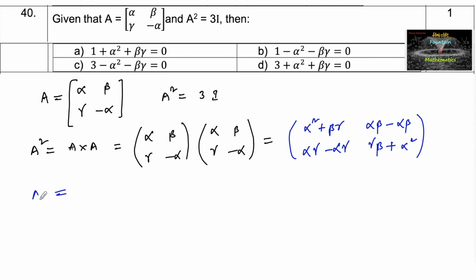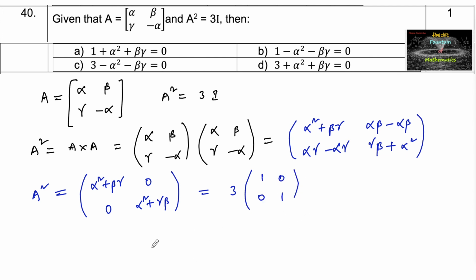So A square is equal to [alpha square plus beta gamma, 0; 0, alpha square plus gamma beta]. Which is given as 3 times I, that is 3 times the identity matrix [1 0; 0 1] of 2 by 2, which is equal to [3 0; 0 3].